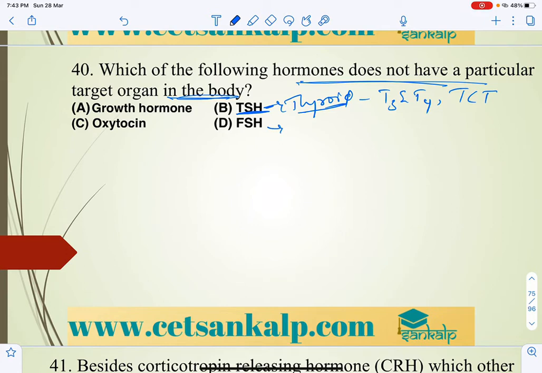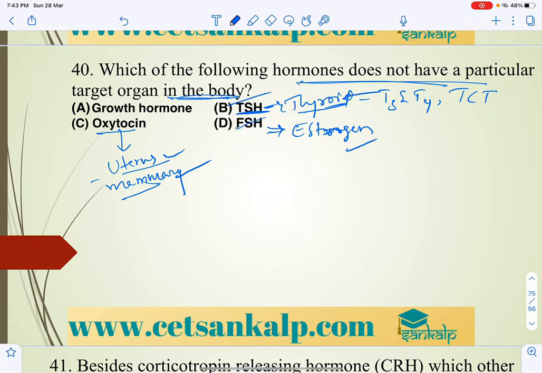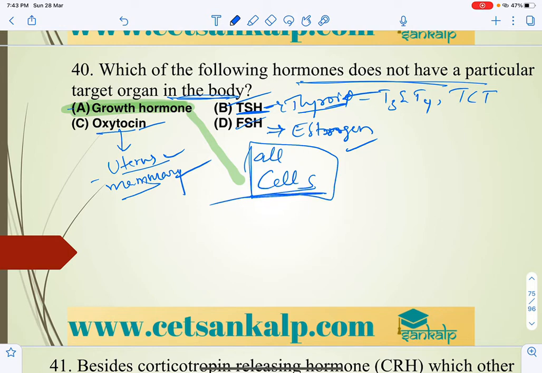Follicle stimulating hormone acts on the follicles of the ovary and helps in the production of estrogen. Oxytocin, for milk ejection and birth, acts on the uterus and mammary gland. There is a specific organ where these hormones act, but growth hormone acts on almost all cells of the body. So that is the hormone that does not have a particular target organ.